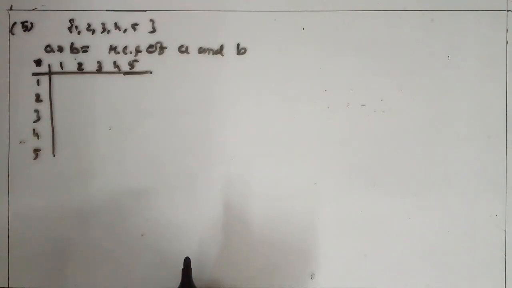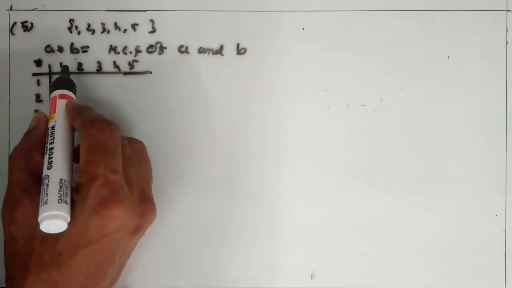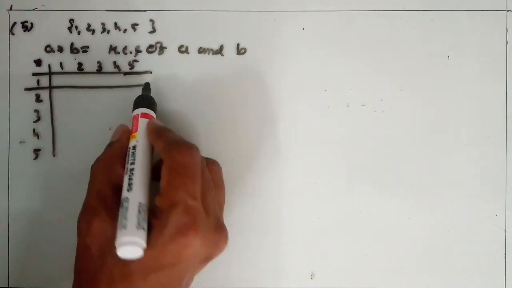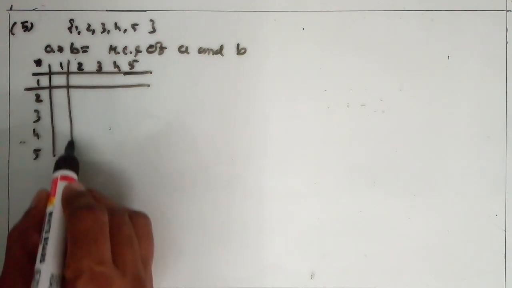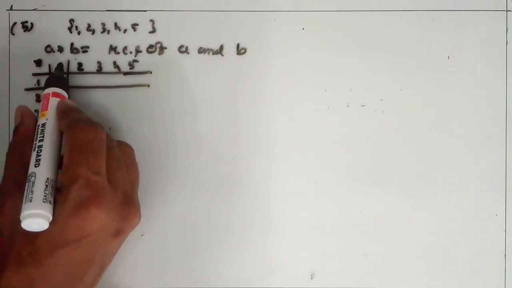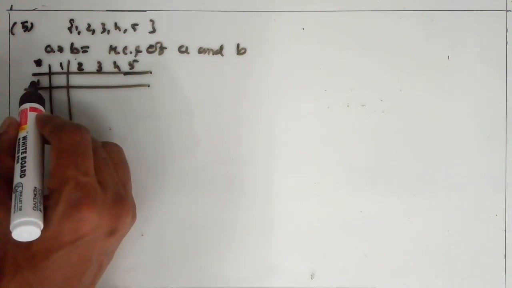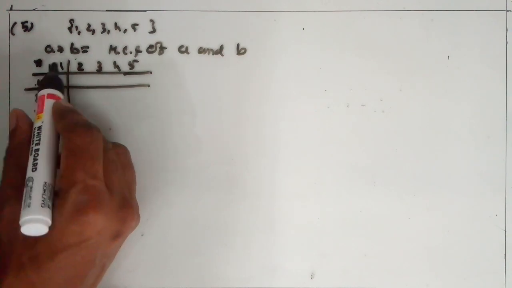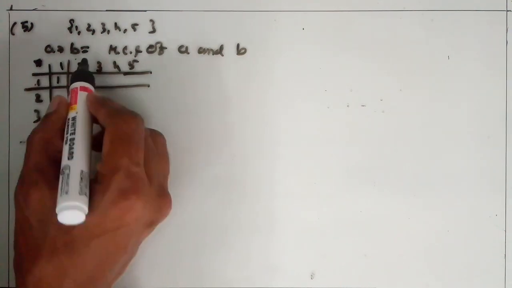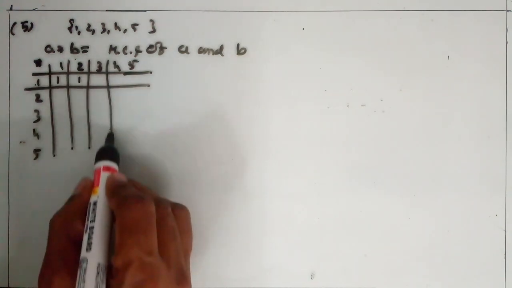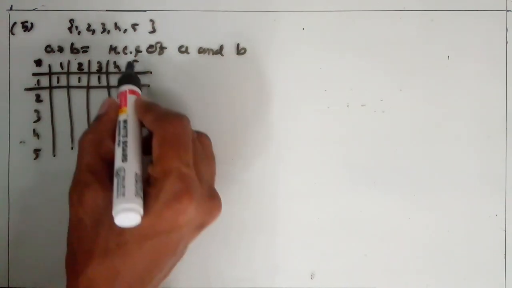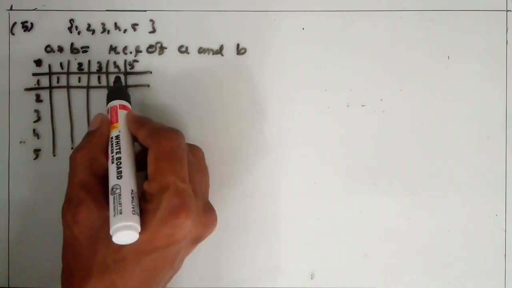Now the result of 1 and 1 is written at the intersection of the row containing 1 and the column containing 1. The highest common factor of 1 and 1 is 1.